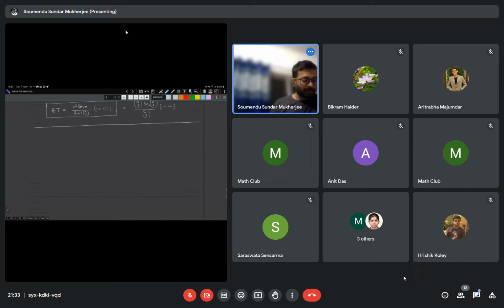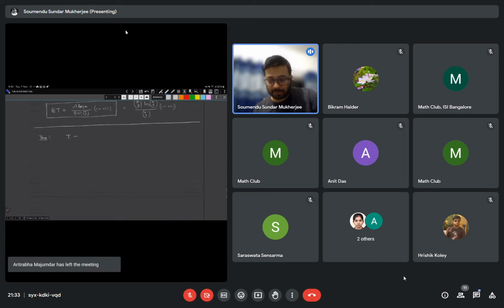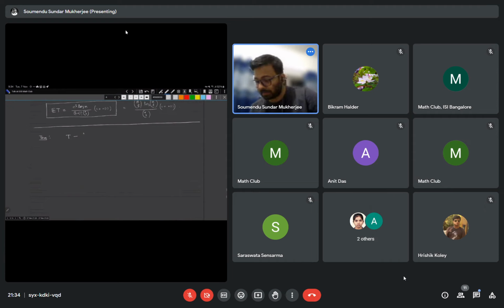So if you take T, we know the first order behavior, the expectation of T, which behaves like this. So I'll subtract that from T: T minus n to this log n to this over r to this.